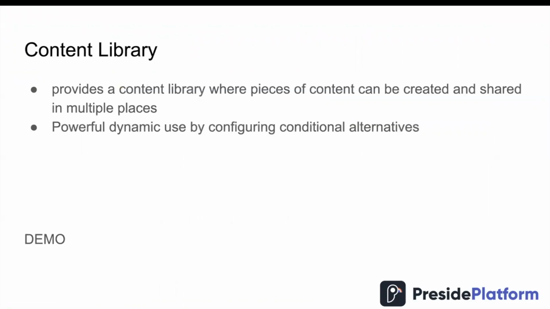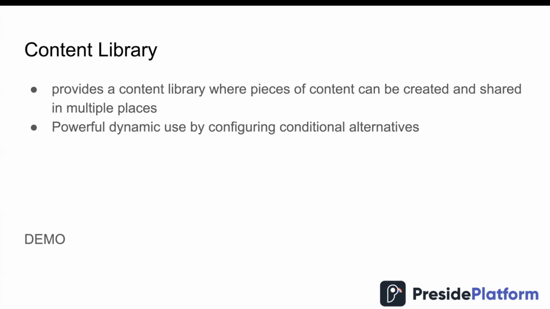Cool. Next up, content library. Probably a lot of you have already used it. It's a small thing, but it's really powerful because you have content you might want to use in different places managed in a single place. So it's kind of reusable.